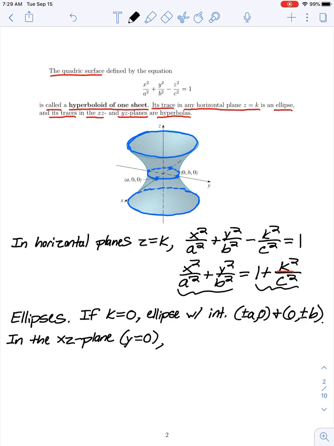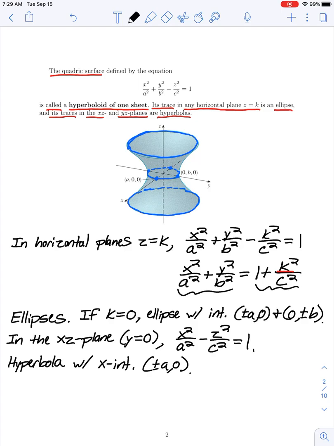Our equation for this quadric surface would become x squared over a squared minus z squared over c squared is equal to 1. And this would represent a hyperbola in a plane. So here we would have a hyperbola whose x-intercepts would be plus or minus a, 0, and it would not have z-intercepts here.